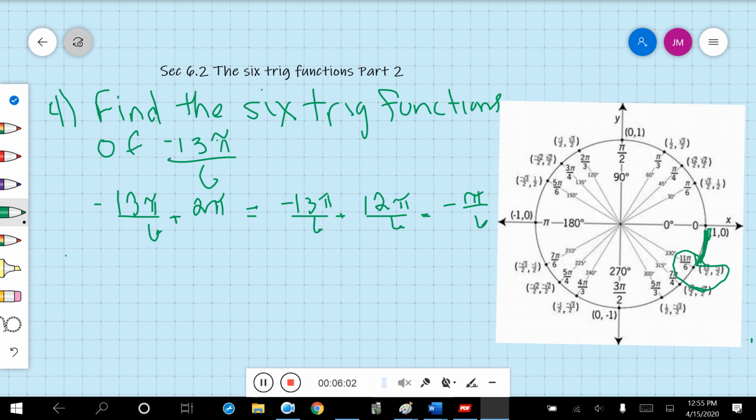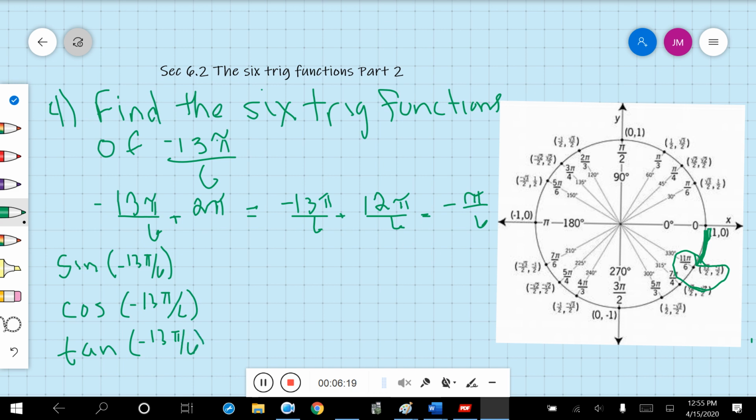So finding the 6 trig functions means I need to find the sine of negative 13 pi over 6, the cosine of negative 13 pi over 6, and the tangent of negative 13 pi over 6. So we'll find those first, and then the other 3 are just the reciprocals.